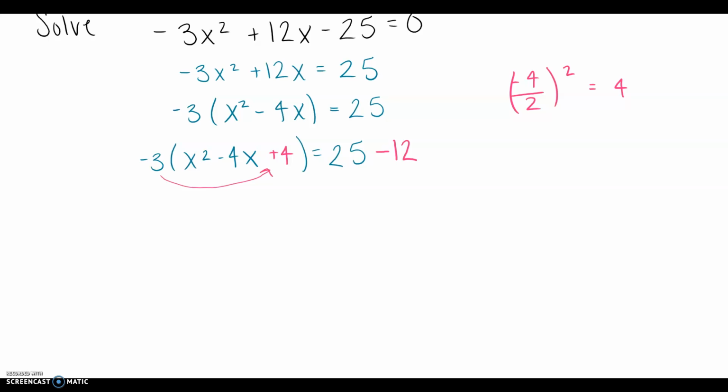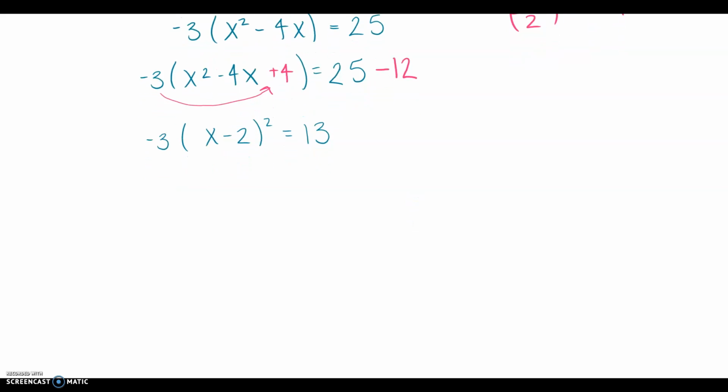And now we factor and simplify. So we have negative 3 times x minus 2 squared. And then 25 minus 12 is positive 13. And now I'm solving, which isn't going to be crazy nice, but that's okay.